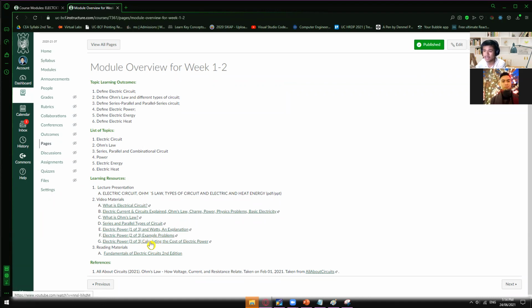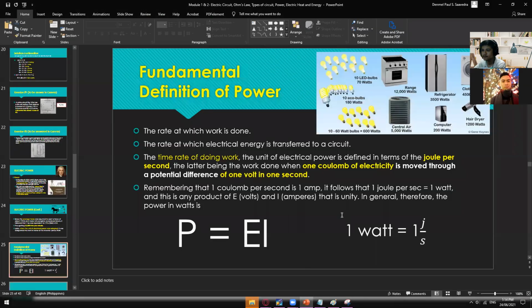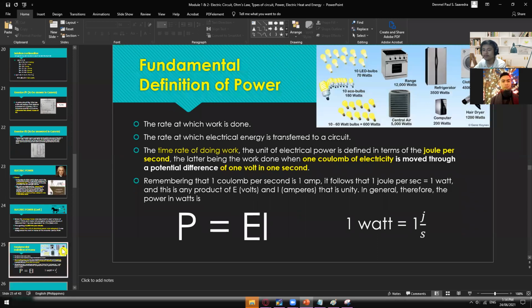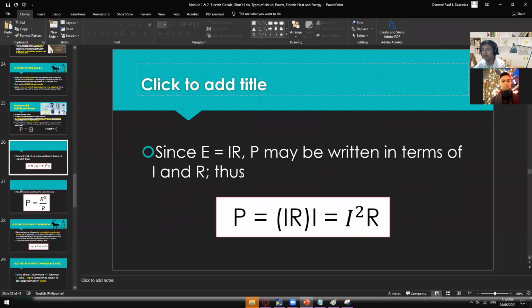The third one is calculating the cost of electric power. This will explain to you guys why we have such a thing. All right, so that's it for the power.